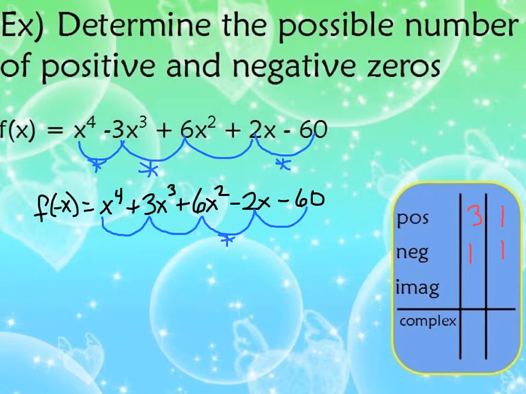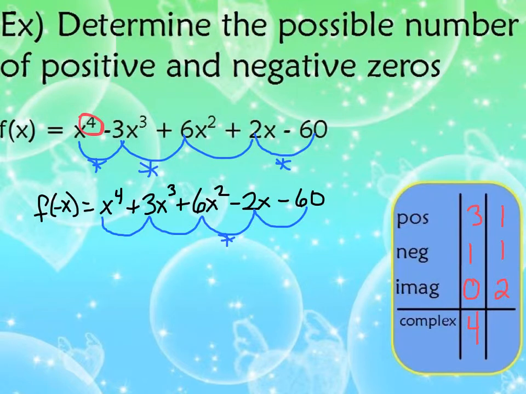But remember, I should come back and I should have finished this out. We could have 3, 1, that means no imaginary, which gives us a grand total of 4. And since this is a quartic, I would expect to have a grand total of 4 every time. But in this case, it might be 1 positive, 1 negative, which means that there are 2 imaginary.